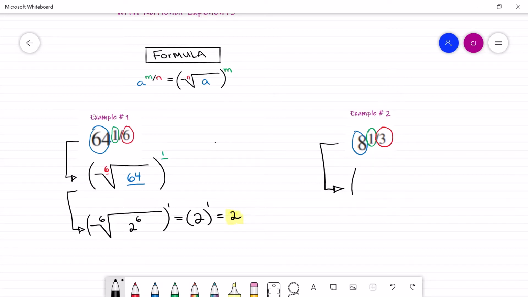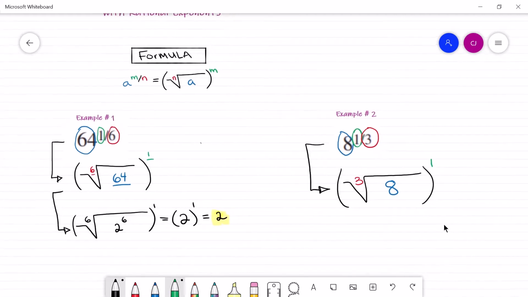So I'm going to write the third root, because 3 is going to go inside of the root of 8. 8 is going to go inside, and then 1 is going to be my outside power. Okay, great.